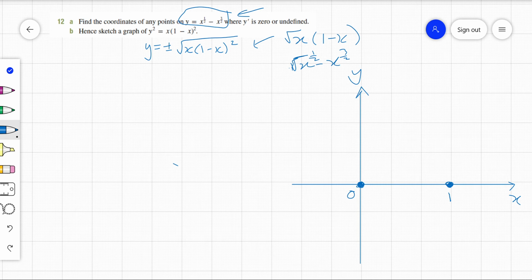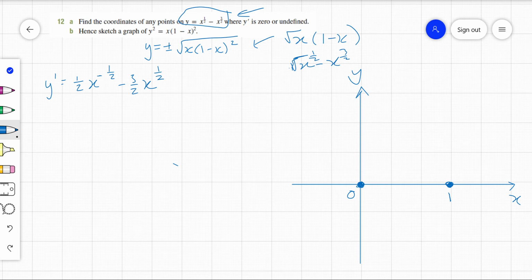So if I do y dash of that and take the positive and negative depending on which part of the curve I'm looking at. So let's look at y dash to start with. It goes a half, x to the power of minus a half, and then minus 3 on 2, x to the power of, so if I take away 1, I still have a half there.